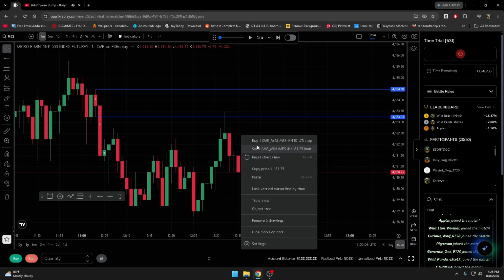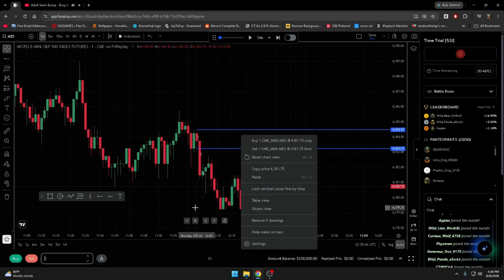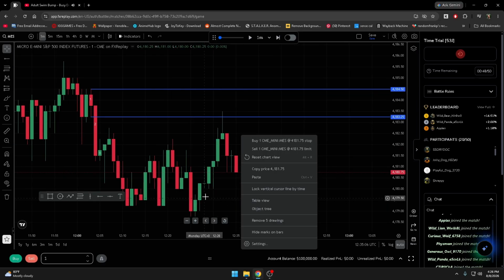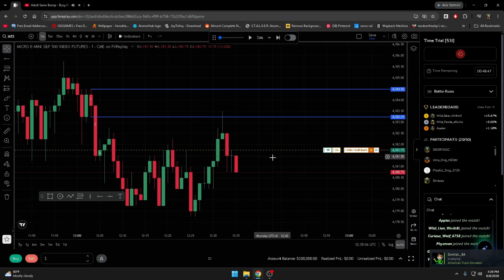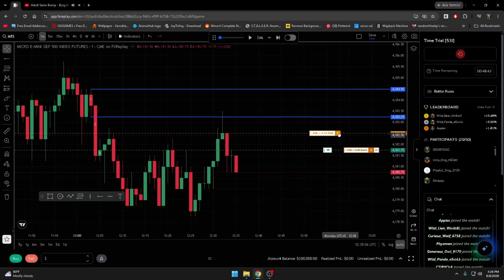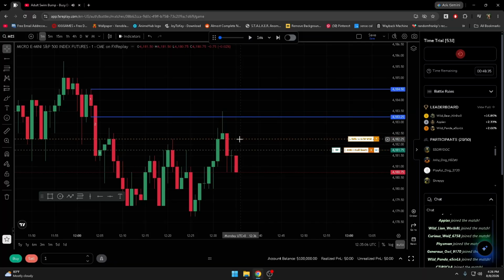So I'm going to place a... it's coming downward right now. Okay, cool. Let's see if it continues to go downward. That's all we want to do. Stop loss, 875 right here. Do I think it's going to touch this? More than likely, yes.